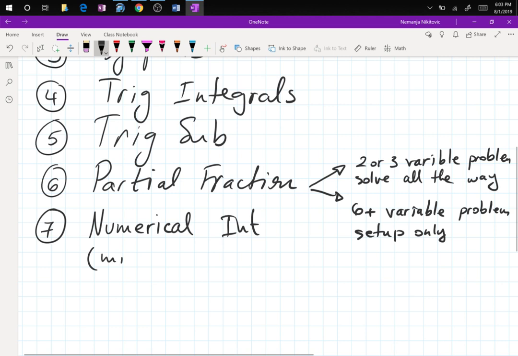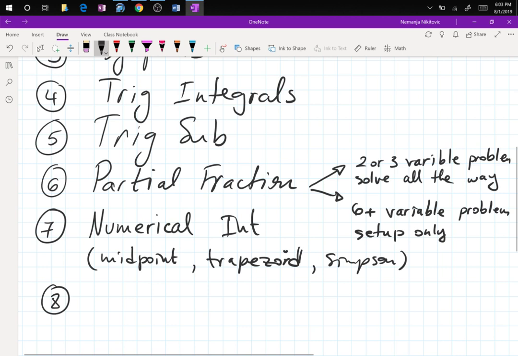There is a midpoint, trapezoid, and Simpson. Number 8, improper integrals.